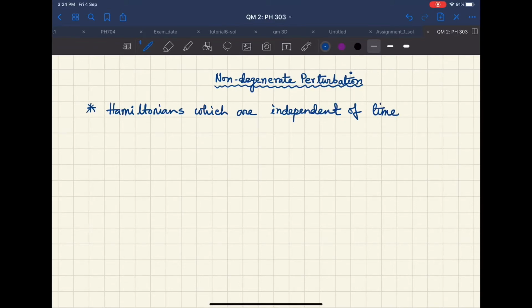That is why it is also known as stationary perturbation theory. So the name that we had given to our first chapter, approximation methods for stationary states, is justified by this statement. Stationary perturbation theory.